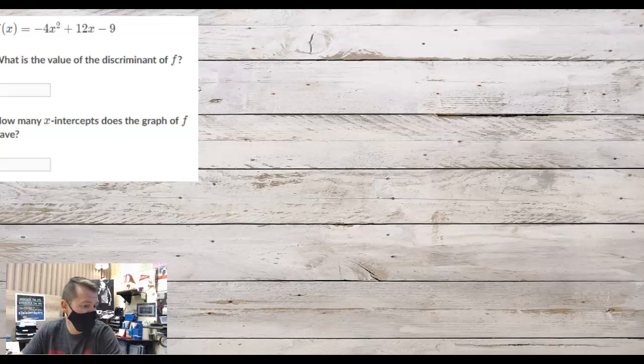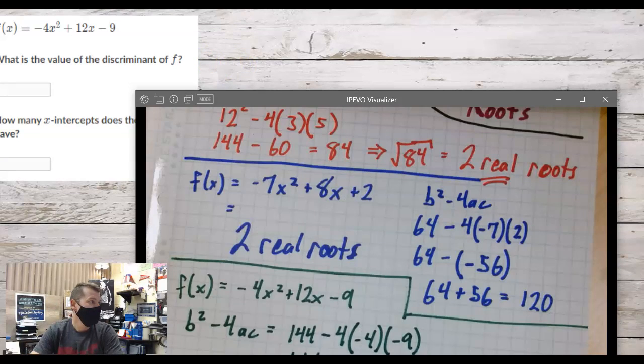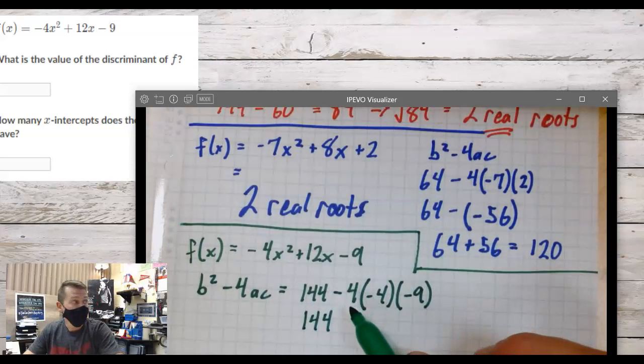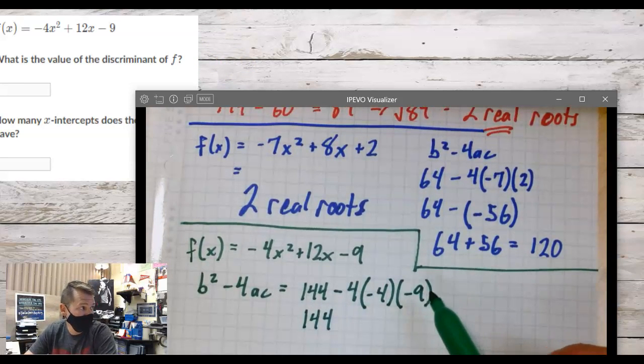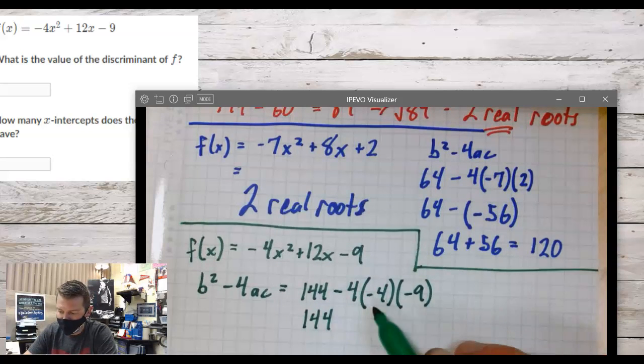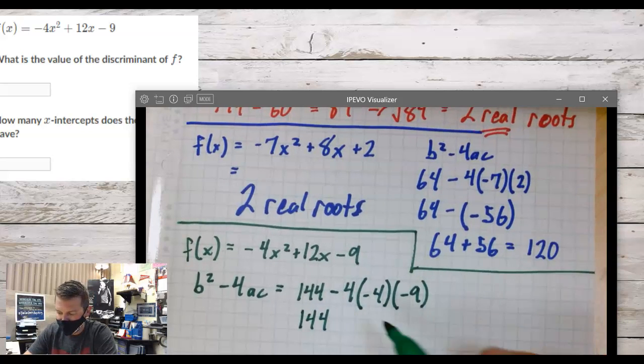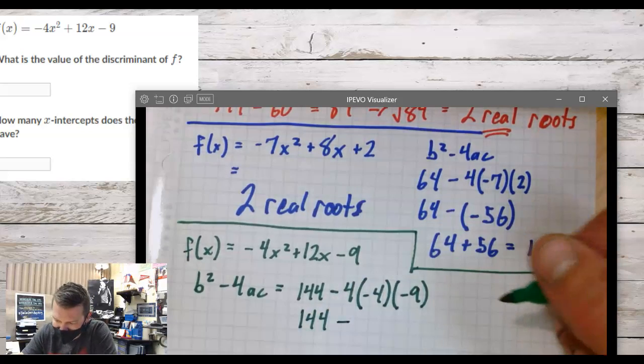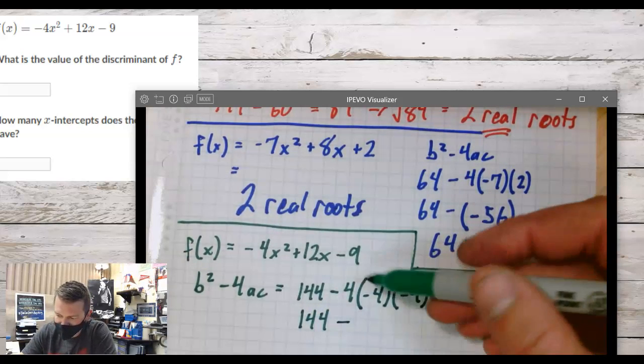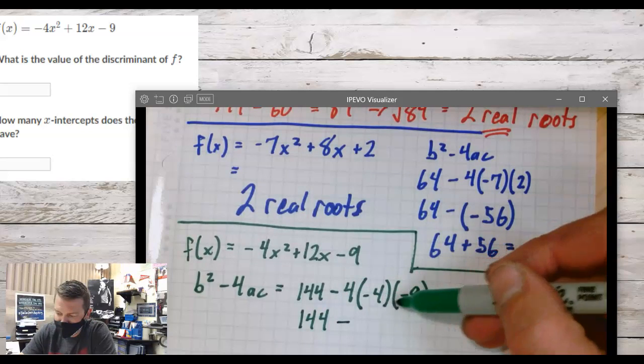Well, okay, so now we've got minus 4 times negative times negative. We've really got 3 negatives here, so if I push the whole thing together, it really stays negative. Right? 16 times 9.